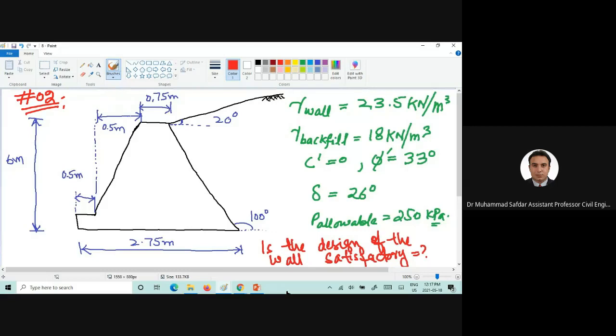Recall Geotech 2, lecture number 2, or part 2 of the retaining wall, related to Coulomb's lateral pressure theory. We made an assumption that the lateral pressure or the thrust would act 1/3 from the base of the retaining wall.